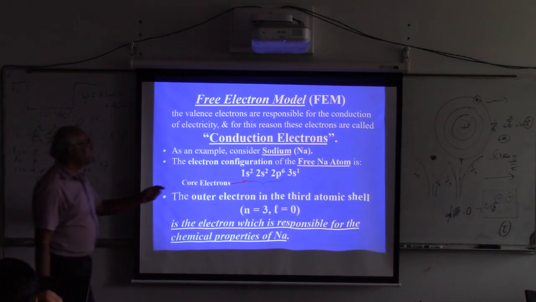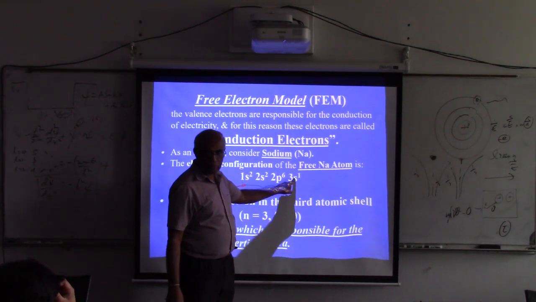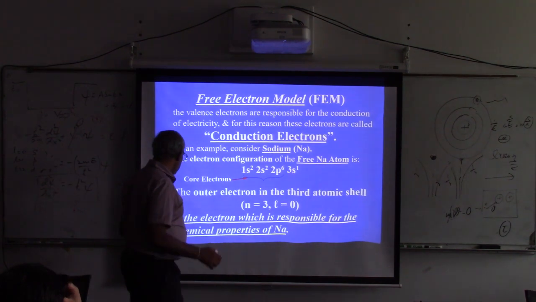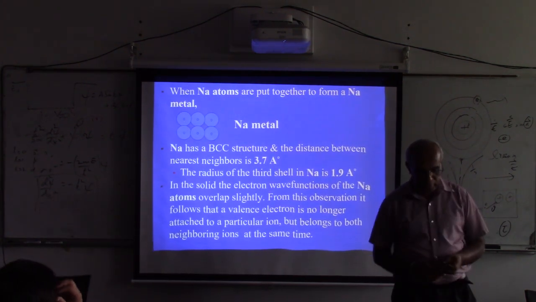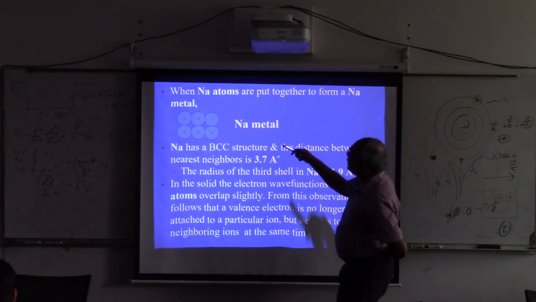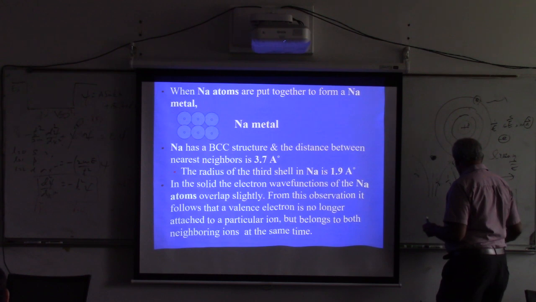So this one has n equals 3, l equals 0, that electron. Now if you look at this one, it is really interesting. If you take sodium metal, we know it is in a BCC structure.